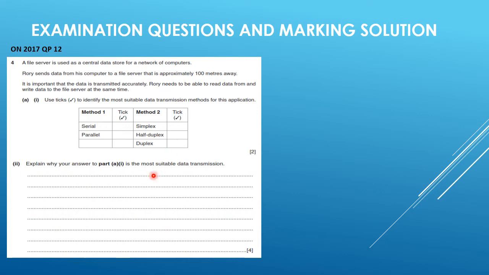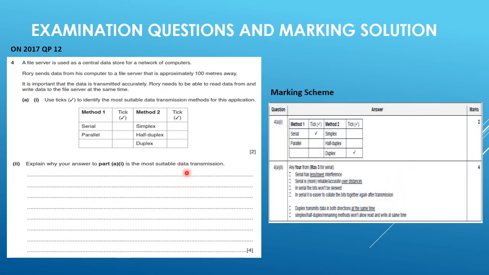The second part asks, explain why your answer to part A is a more suitable data transmission. So let's see the marking scheme. We have ticked the appropriate boxes, and we got 2 marks. Why have you chosen serial instead of parallel?